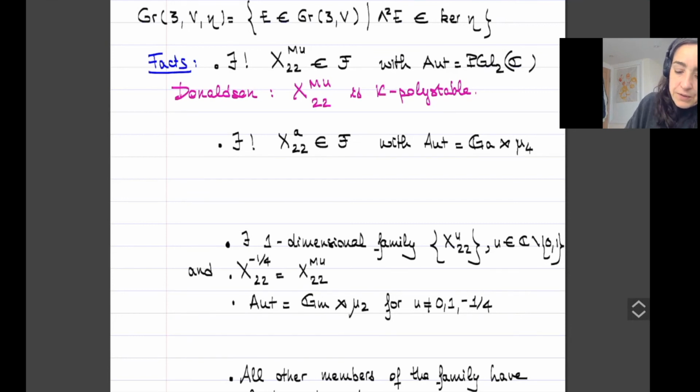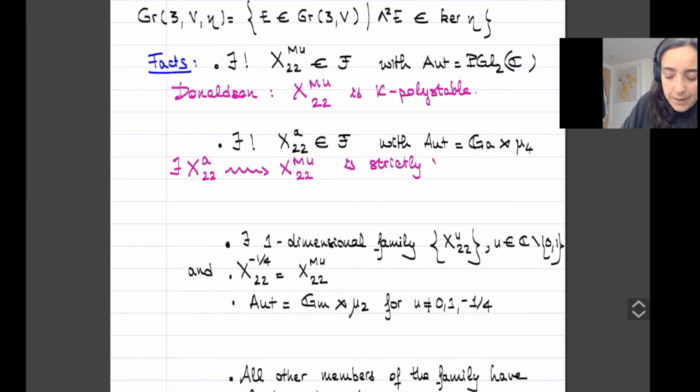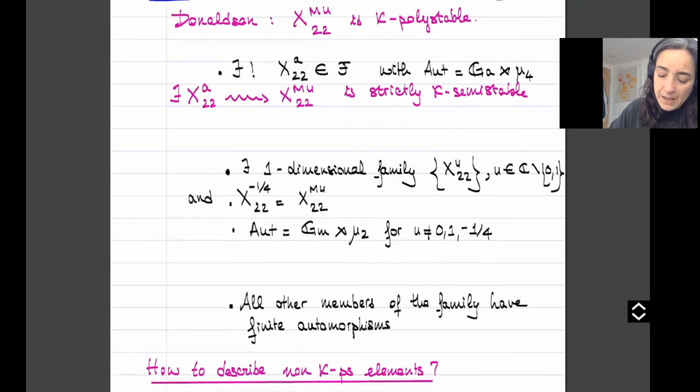It's known that this one has a degeneration to the Mukai-Umemura threefold, so it is K-semistable, strictly K-semistable. Because having a non-reductive automorphism group, it cannot be K-polystable, but semistability is open, so it is K-semistable.